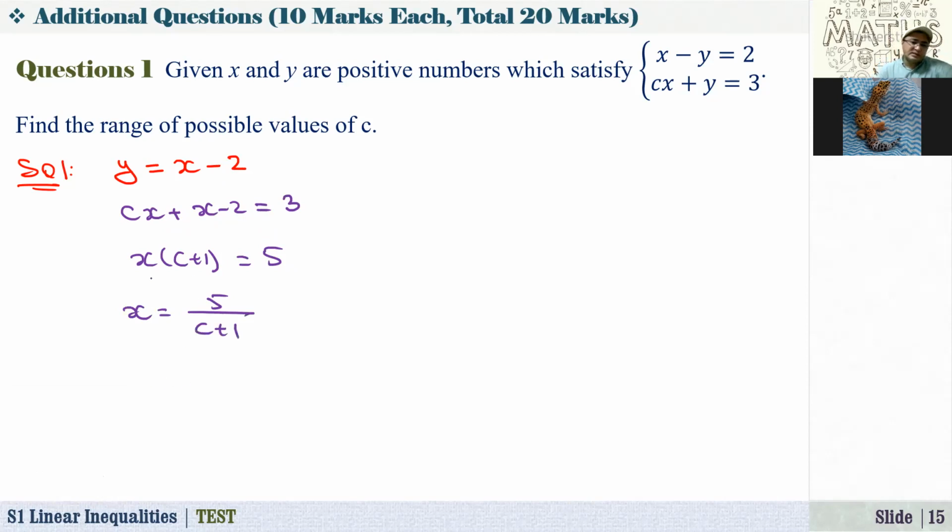And since x is positive, c plus 1 must also be positive. Now from here, it says that x is positive, right? So that means this should be greater than 0. So 5 over c plus 1 is greater than 0.